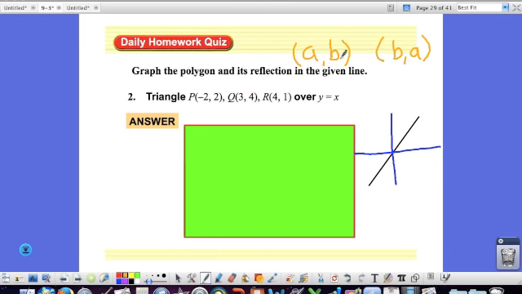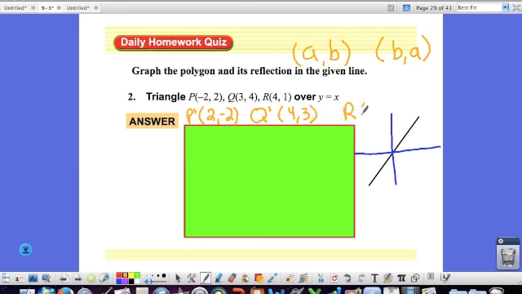So I find it easier, once you know these rules, to find the new points and then just graph them. So your new P is going to be 2, -2. Your new Q is going to be 4, 3.